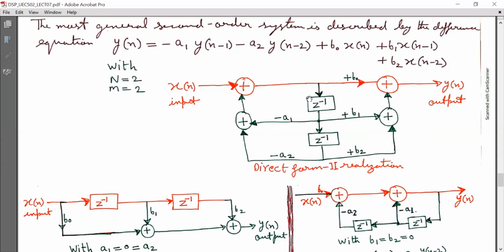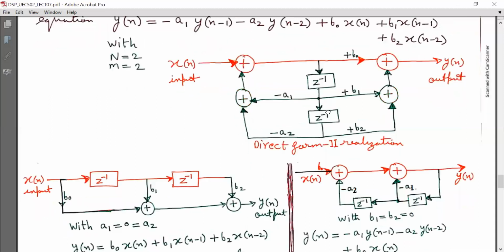Now as we have done earlier, this can be implemented by direct form 2 realization as shown like this, with minimum number of delay elements. Very simple. If you have understood the general form, then it is very easy to plot this direct form 2 realization.